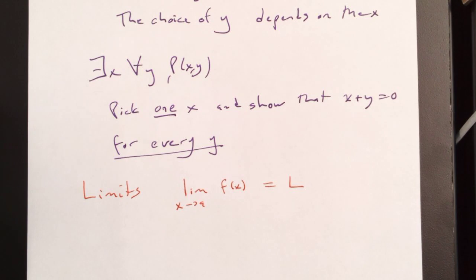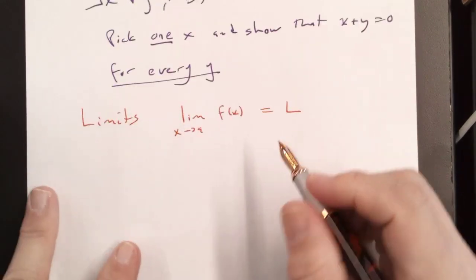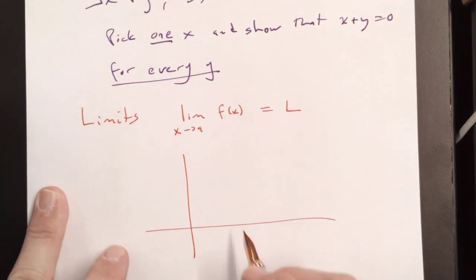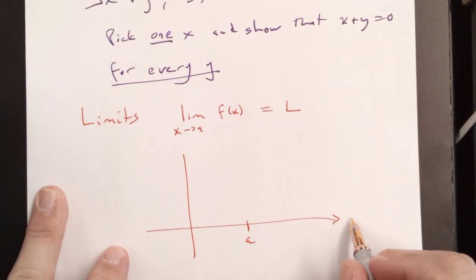The limit as x gets closer and closer to a is equal to L. What does this mean? Visually, there's a very nice picture that goes with this. I have some x value a.